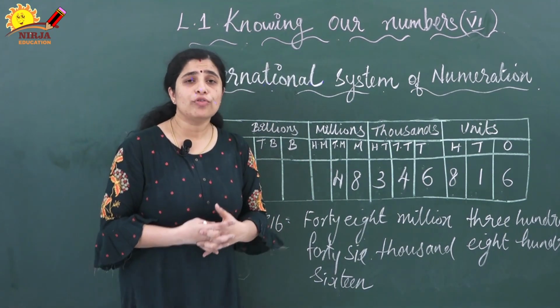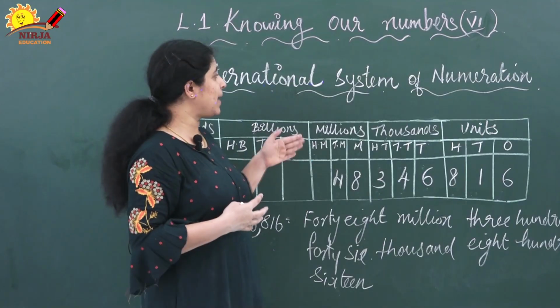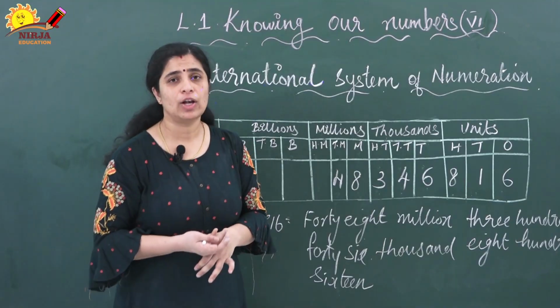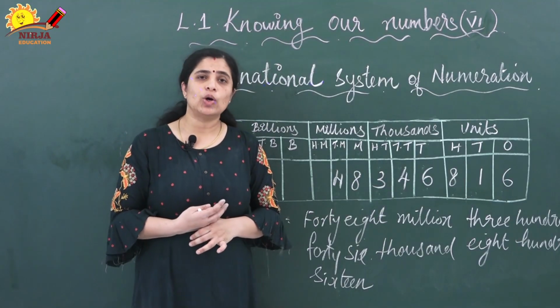I hope all of you have understood the Indian system and the international system of numeration, and the place value and face value of the numbers. Thank you all and have a nice day.